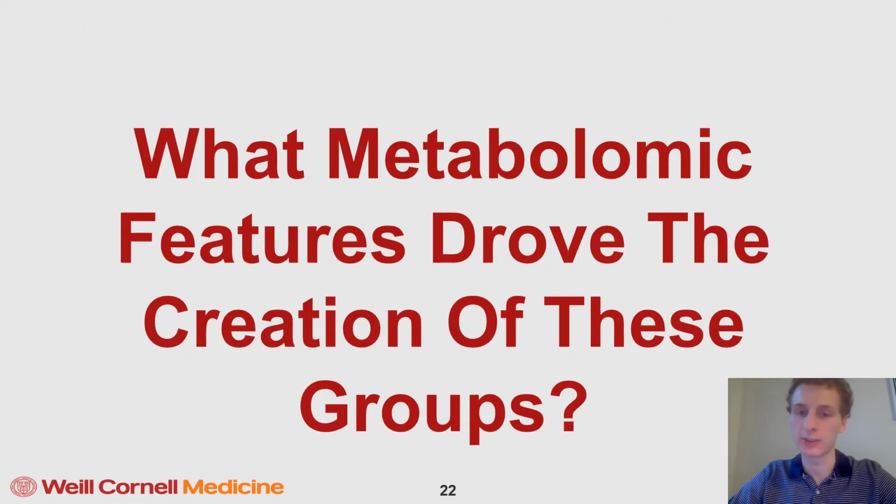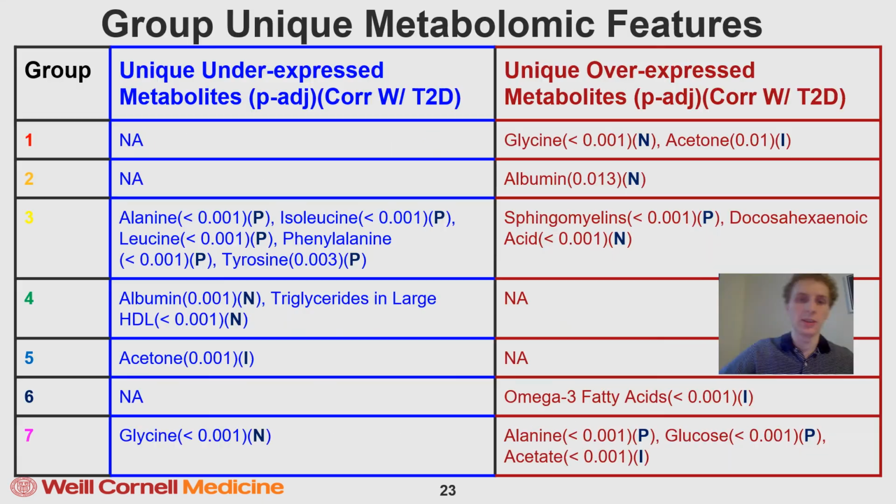So what metabolomic features drove the creation of these groups? To better understand how these groups form, we found unique underexpressed metabolites, which means that these values were lower in patients in a certain group compared to the patients of the other groups, or overexpressed, which means that these metabolites had larger values in a certain group of patients compared to the other groups.